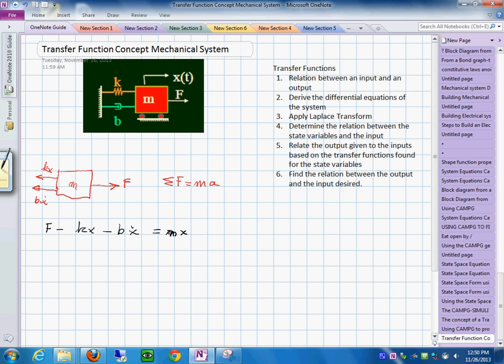Sorry, M times X double dot is what I mean. For a moment I had a little bit of a distraction in there, but the summation of the forces equals mass times acceleration. That's what this is saying.